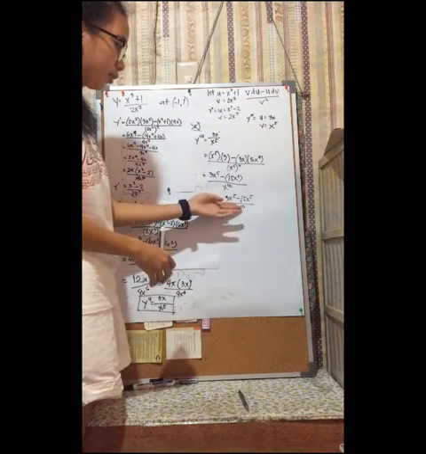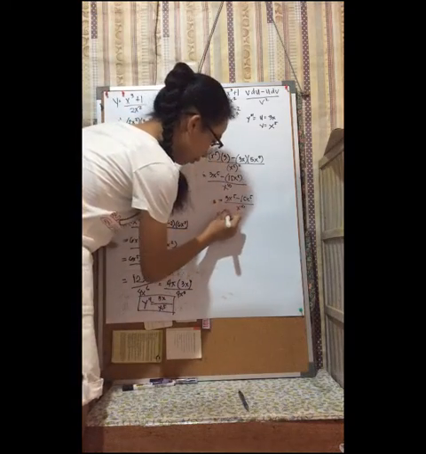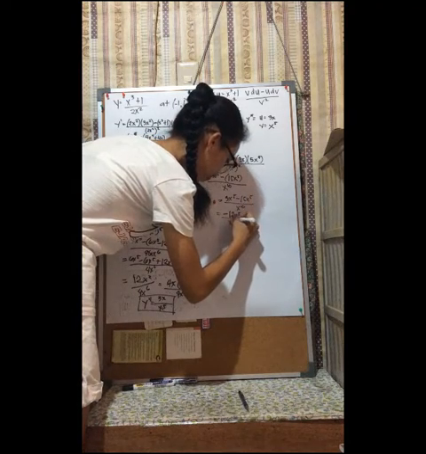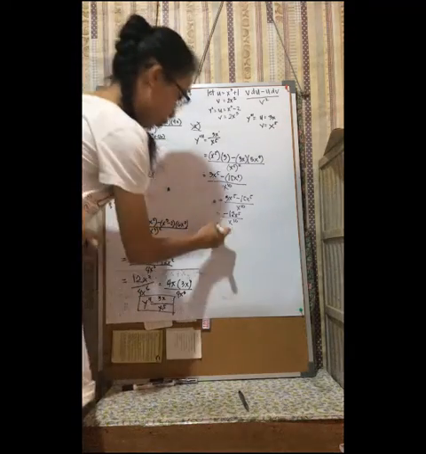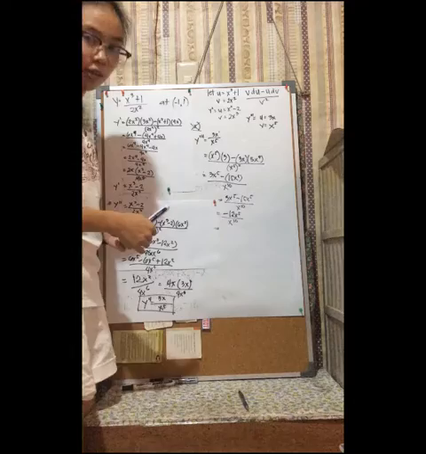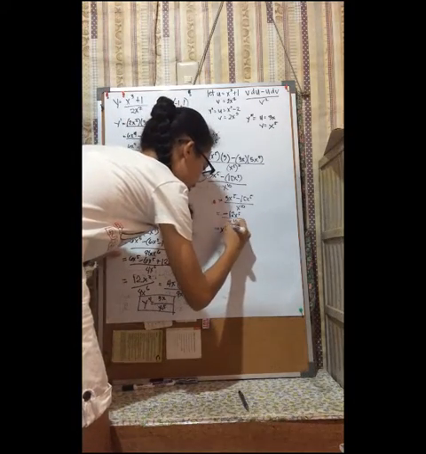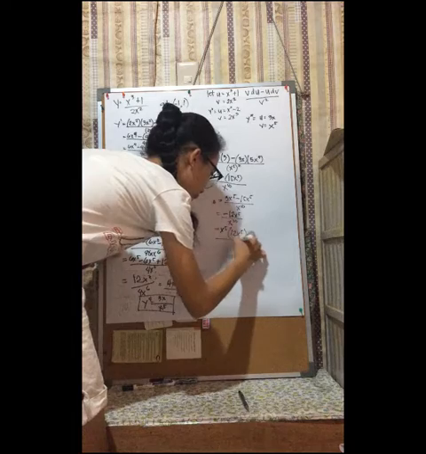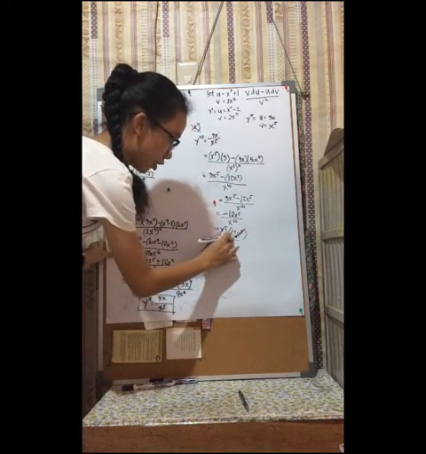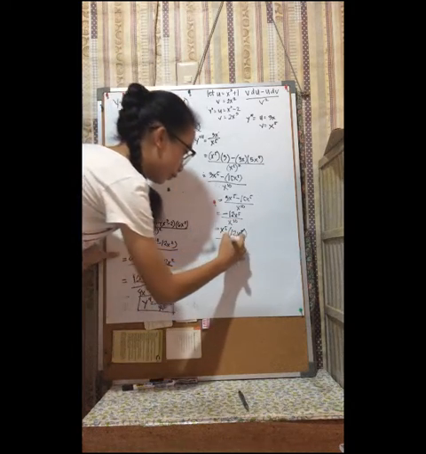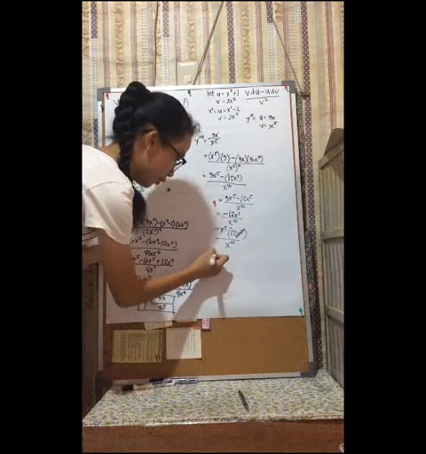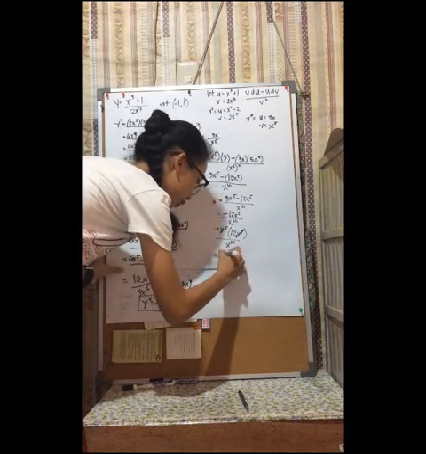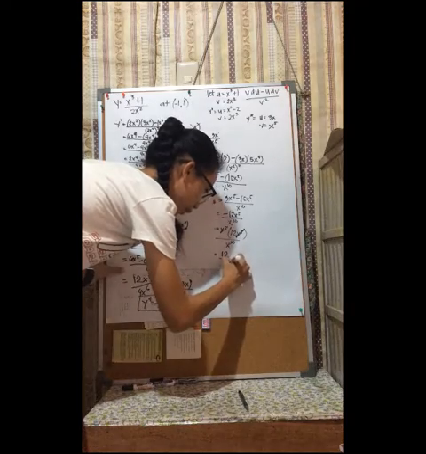Simplifying, 3x to the 5th minus 15x to the 5th is negative 12x to the 5th over x to the 10th. We move out x to the 5th to simplify the equation, so only 12 is left over x to the 5th.